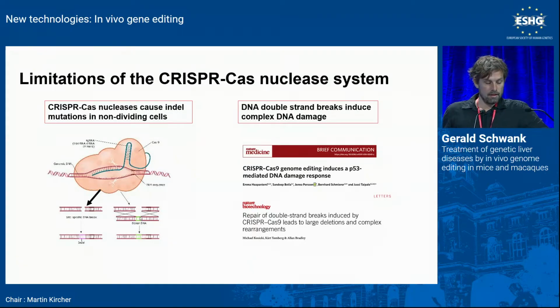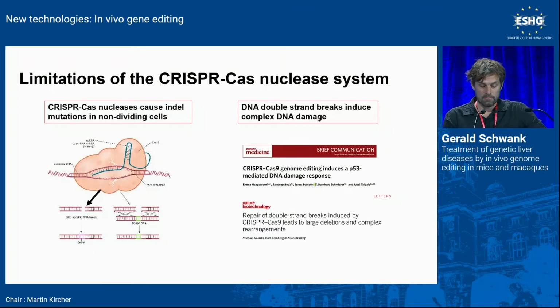Even worse, the homologous recombination pathway is only active during the cell cycle in dividing cells, and the liver, of course, is an organ with a very slow cellular turnover. So in the liver, using regular CRISPR-Cas, especially in adult animals, over 99% of the edits will be small deletions and not precise edits.